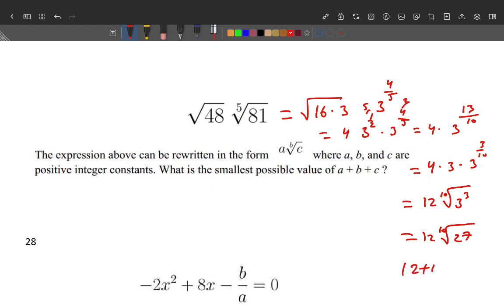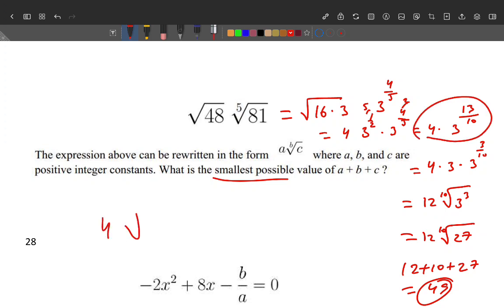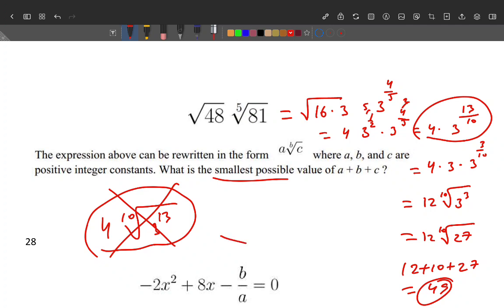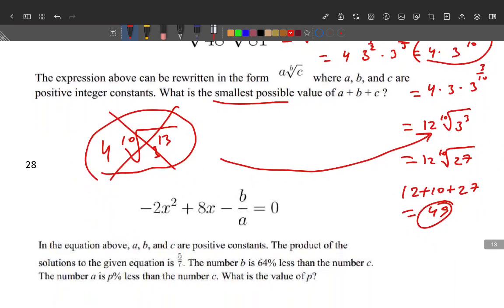The answer is 49. Smallest. For example, if we took here 4 multiplied by this number, it will not be smallest. Because of this, I wrote like this in this form.